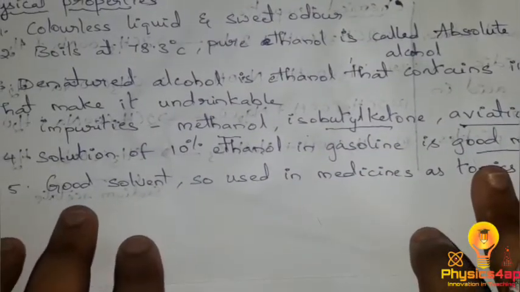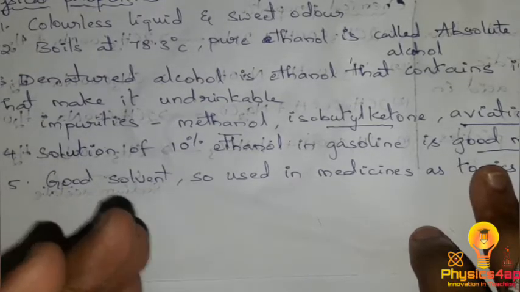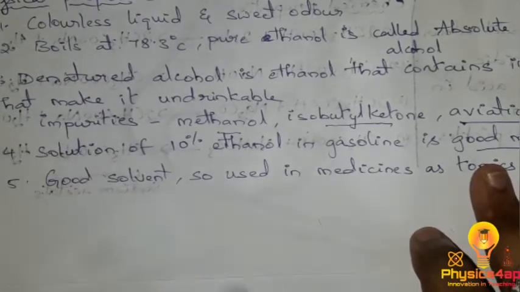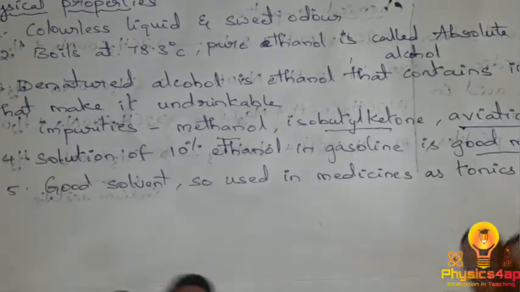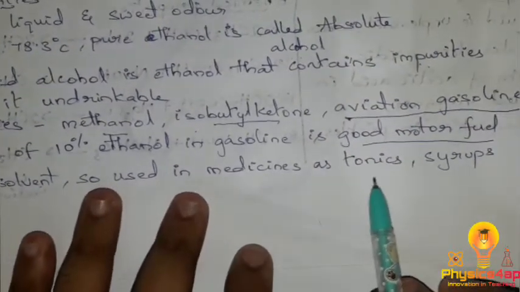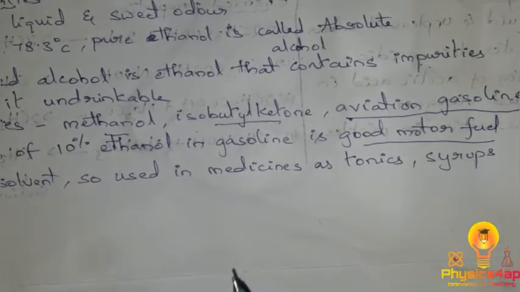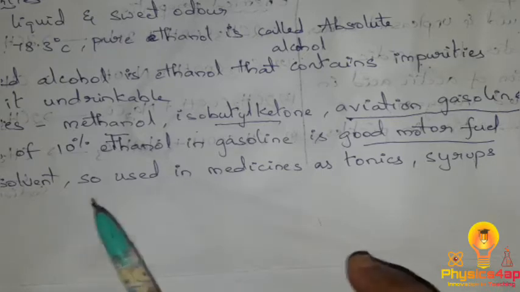And next, as ethanol is a good solvent, it can be mixed in water also or any other polar liquids. So it can be used in medicines, to make tonics and syrups. As ethanol is a good solvent, it can be easily mixed.